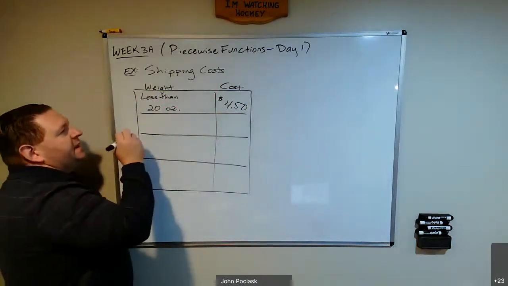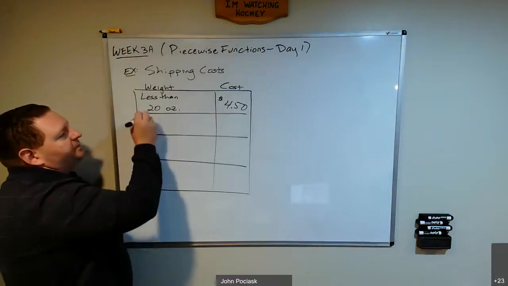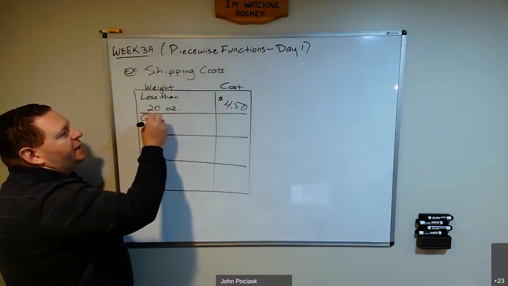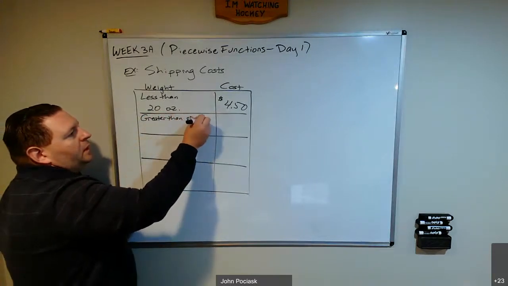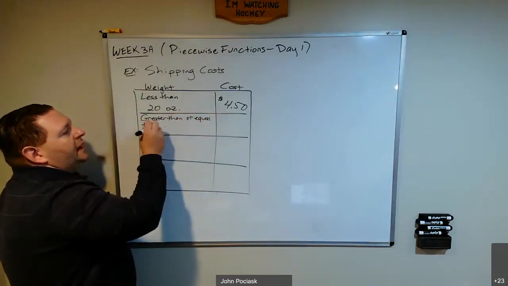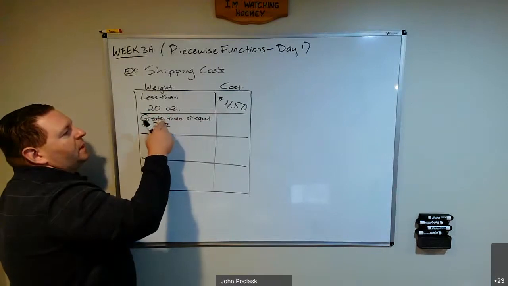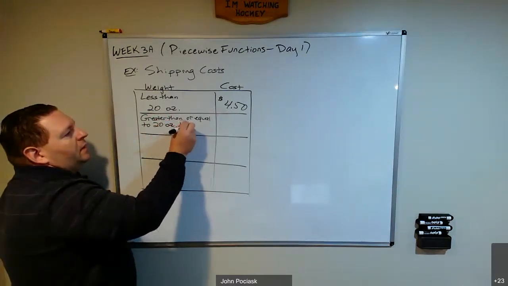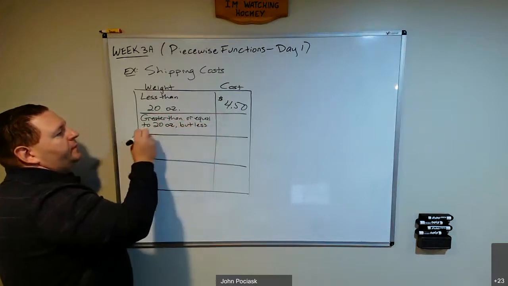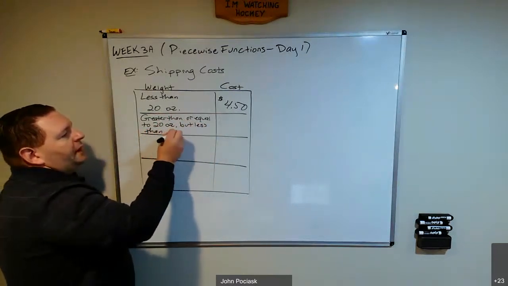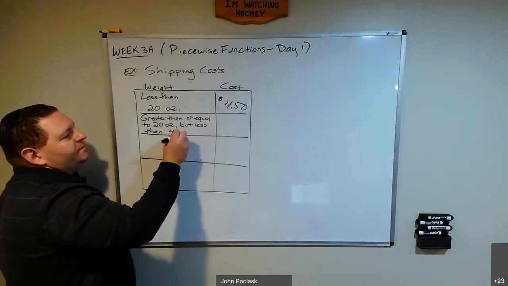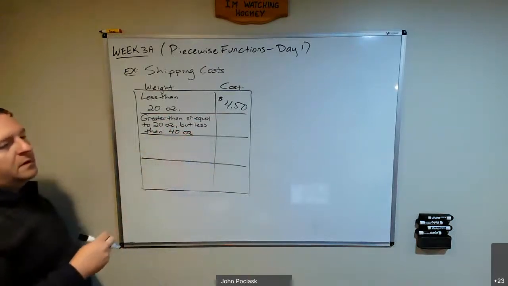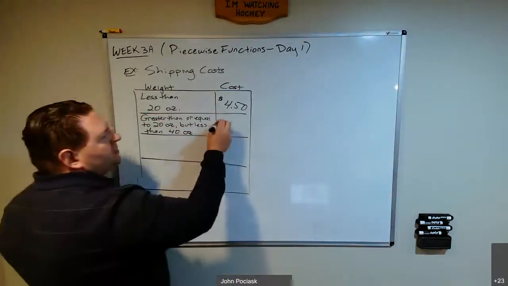Let's say then the next line is, say, greater than or equal to 20 ounces, but less than 40 ounces. Let's say that is, say, $7.25.